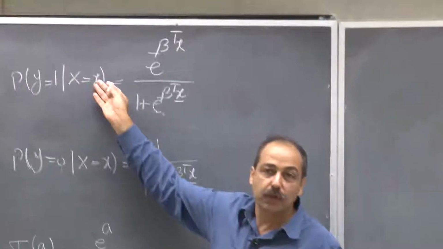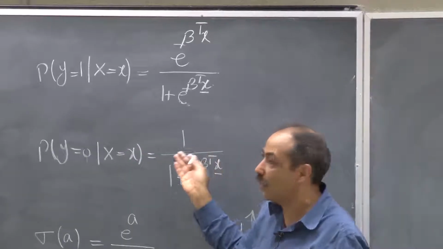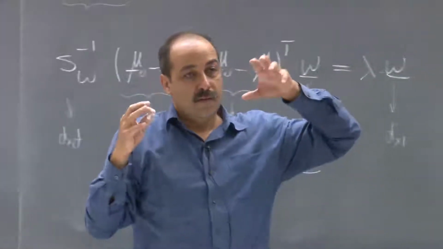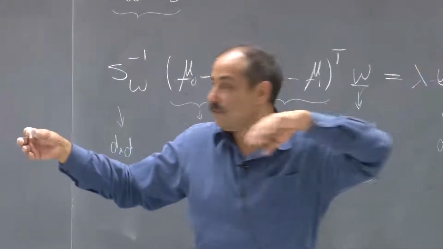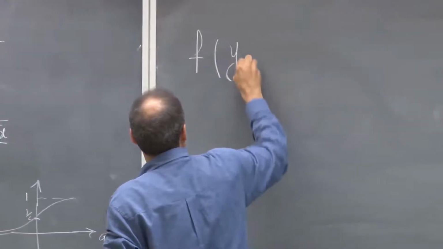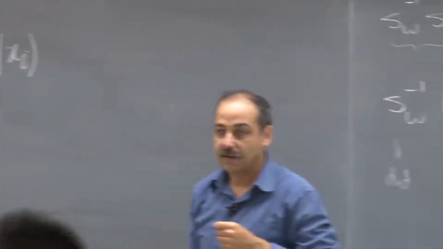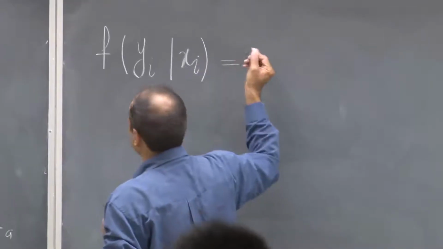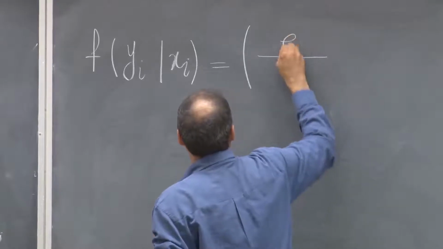Okay, so I decided to show the probability in class 1 with this form, probability of class 0 with this form. Now I need to basically write it in terms of a density function. So I would like to have a density function for yi given xi. I'm sure you have seen this in many cases.